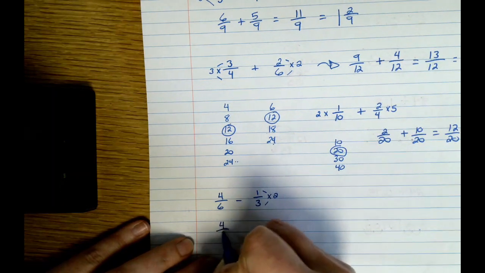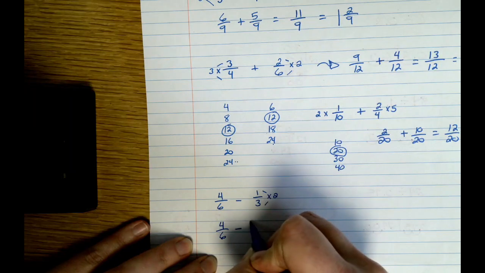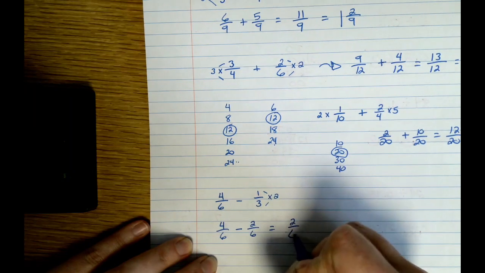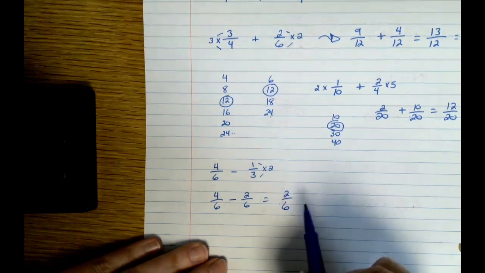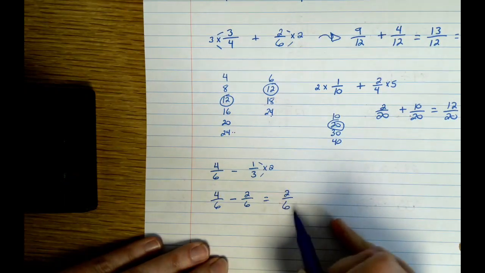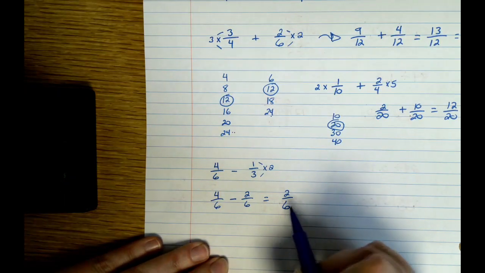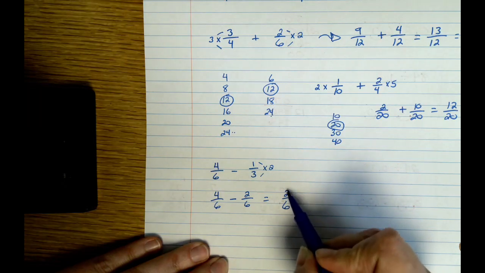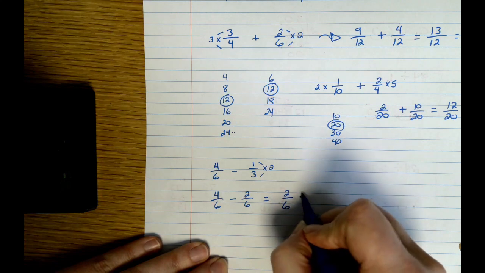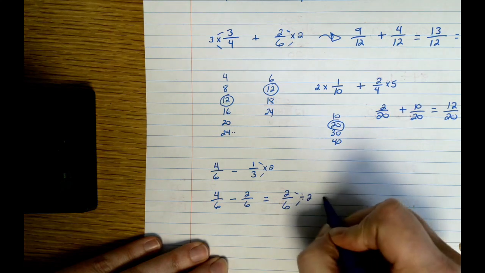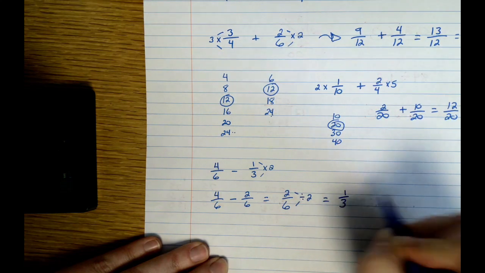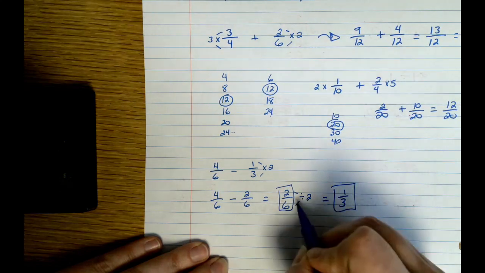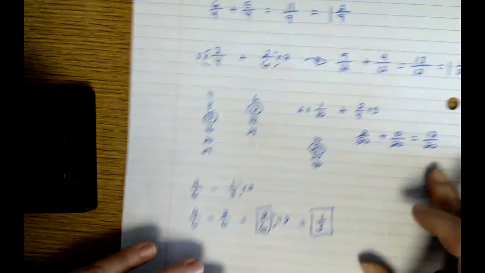So it would actually be 4/6 minus 2/6, which would be 2/6. And then if you were going to try and simplify, I mean, this answer is correct, but if you were going to try and simplify, see if there's a number that can divide both the top and bottom. And in this case, they can both be divided by 2, which would then give us 1/3. So 2/6 and 1/3 are equivalent. They're both right in their answers.